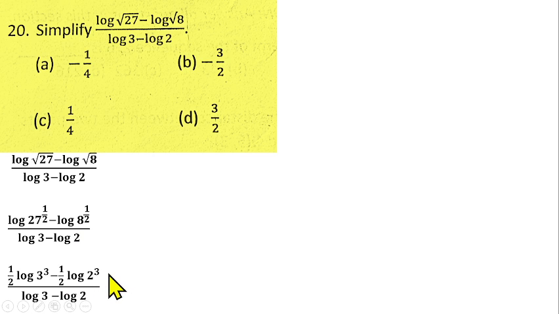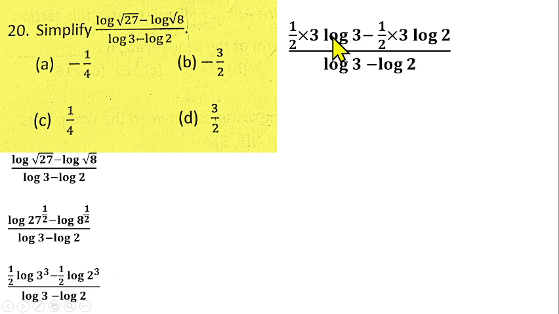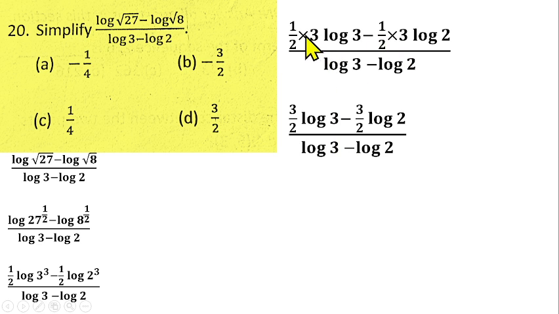So this 3 also will go to the front and multiply half, so you have half times 3 log 3, minus half times 3 log 2, over this. From there, if you simplify further, half times 3 gives us 3 over 2 log 3.